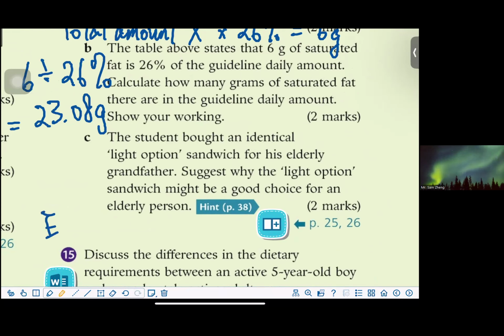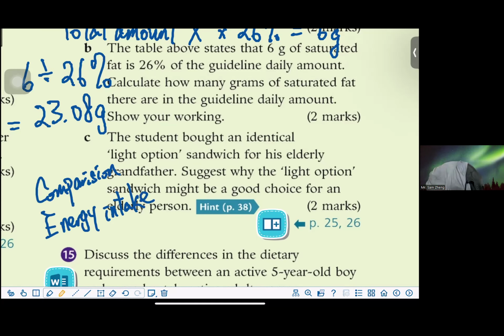When I try to answer the question, I keep emphasizing for 5.2 this chapter the idea of the comparison of energy intake and energy expenditure.